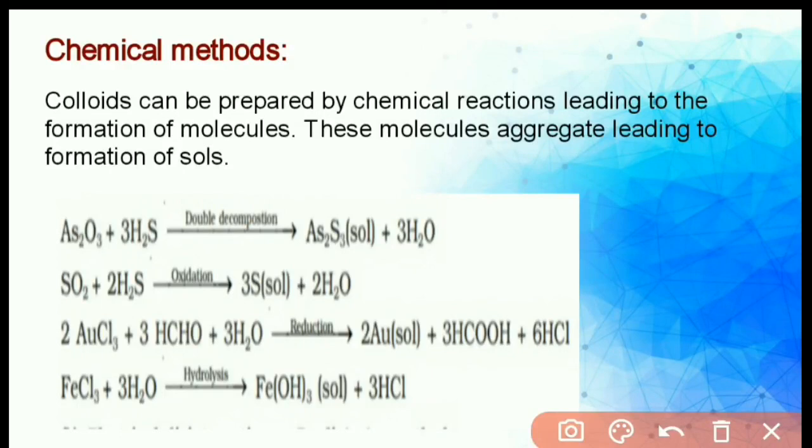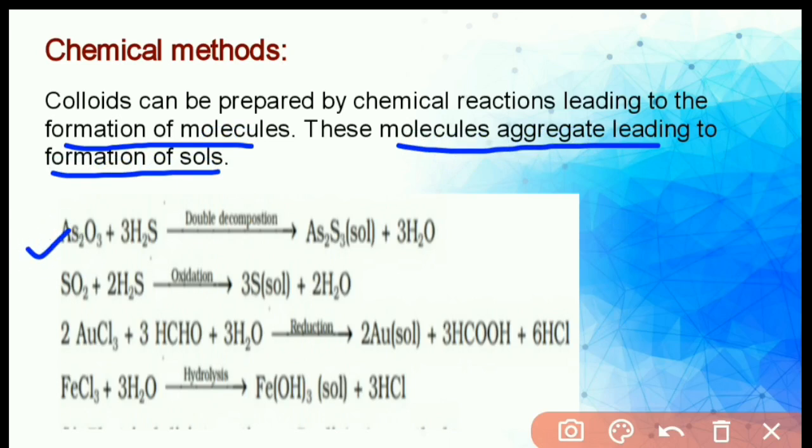A colloidal solution we can also prepare by chemical reactions leading to the formation of molecules, and these molecules aggregate, leading to formation of sols. We can understand this by the following examples. Arsenic oxide, when reacting with 3 moles of hydrogen sulfide, forms arsenic sulfide sol and 3 moles of water and makes a colloidal solution.